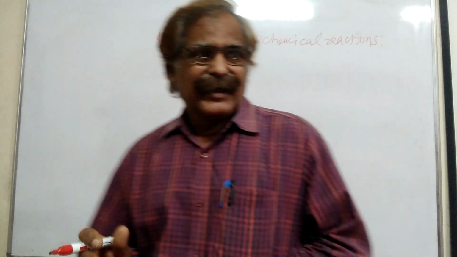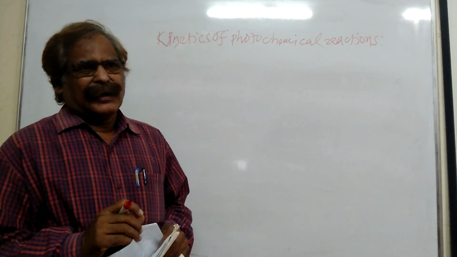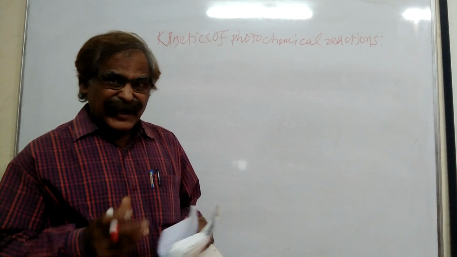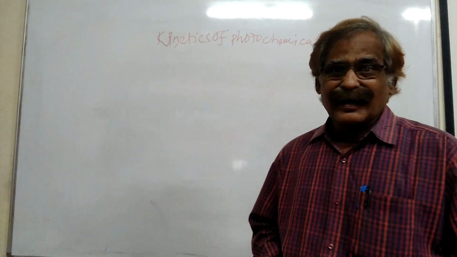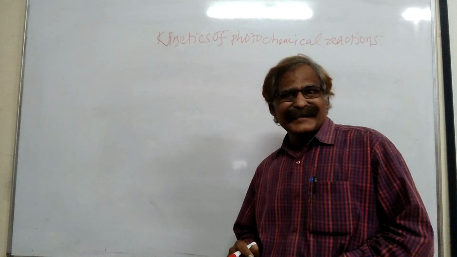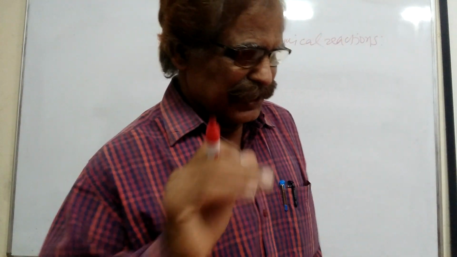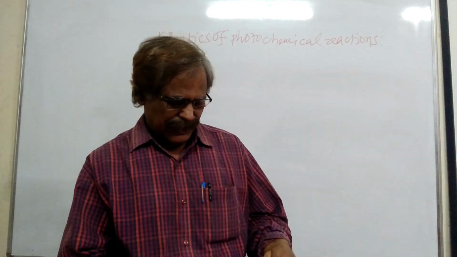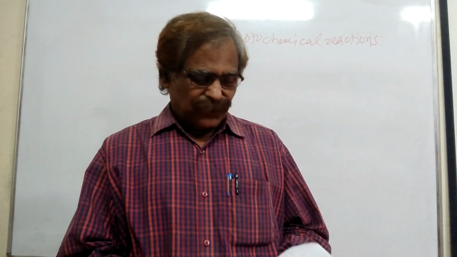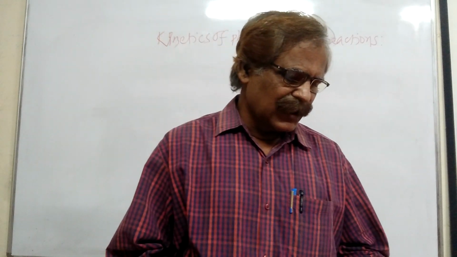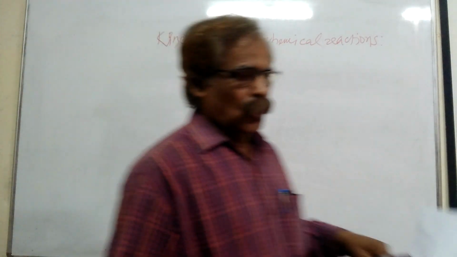In short, the kinetics of a photochemical reaction involves the study of the relationship between the rate of reaction and the intensity of light radiations absorbed in that particular photochemical reaction. With this, let us see at first the kinetics of the photochemical combination reaction between hydrogen and fluorine.